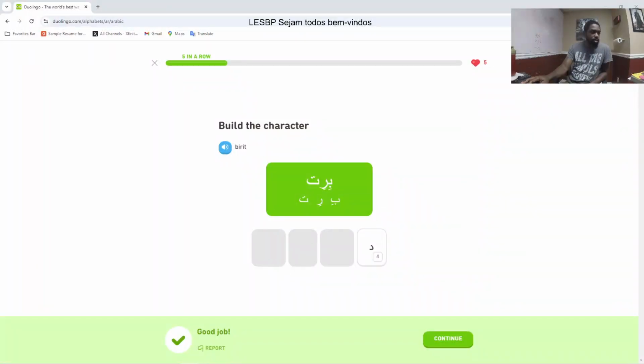Hopefully you can see my board here as well. But you have the B, then you have the dot, and then the accent, I don't know what that's called, but it's the dash line, and then you have the dash line along with the R, and then you have the T by itself. Okay, so I did pretty well on that one.